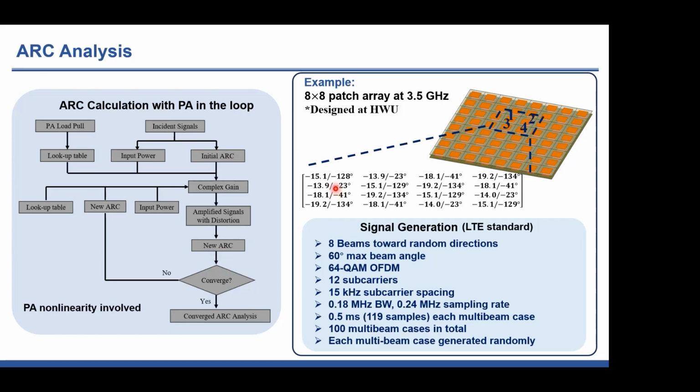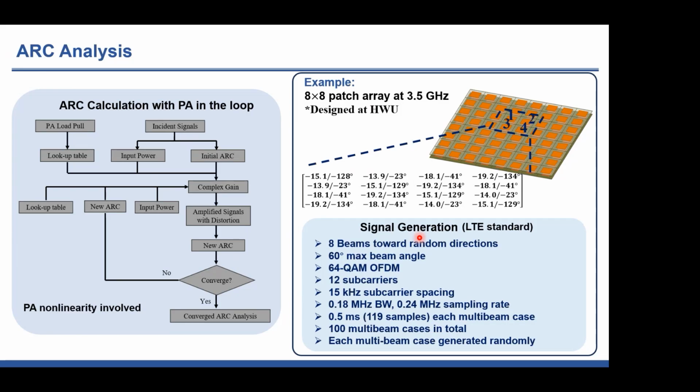In our example, for the 3.5 gigahertz testbed, we have a 3.5 gigahertz 8x8 patch antenna array in the simulation, and we have some S parameters for some adjacent elements here. For the signal generation, with this 8x8 patch array, we generate 8 beams and 60-degree maximum beam angle, and we use the LTE standard to generate signals.